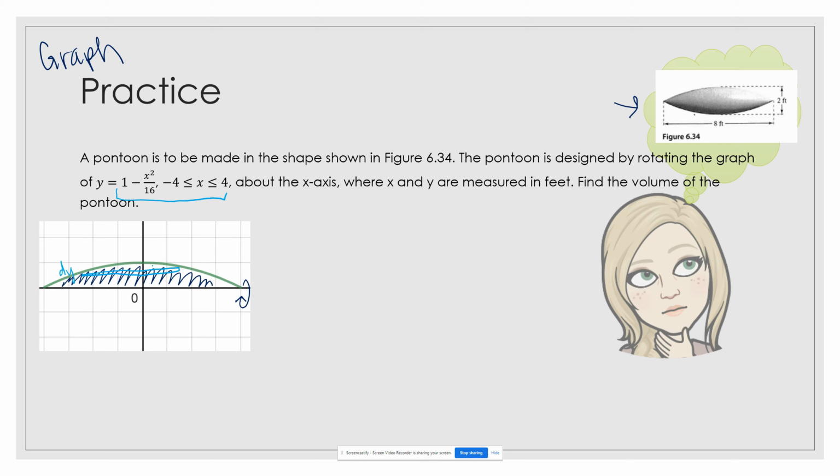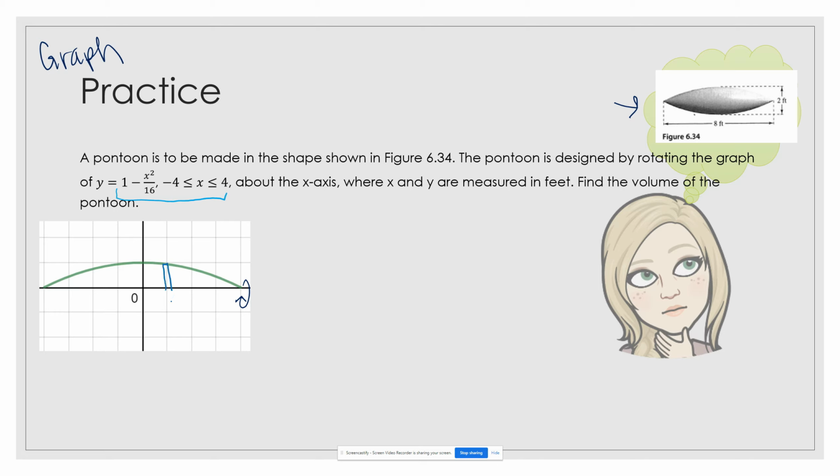And so in this case here, I think it's going to be a little bit ugly to use the shell method. So for me, instead, I think that we should use the disk method, because if we were to use the disk method, instead of making our rectangles horizontally, we would make our rectangles vertically.